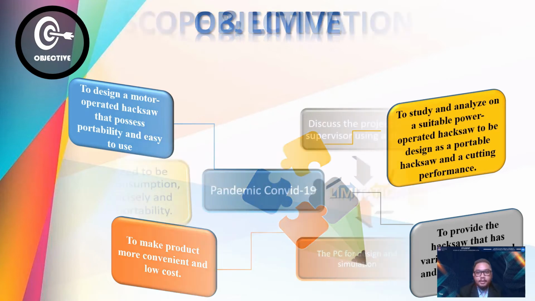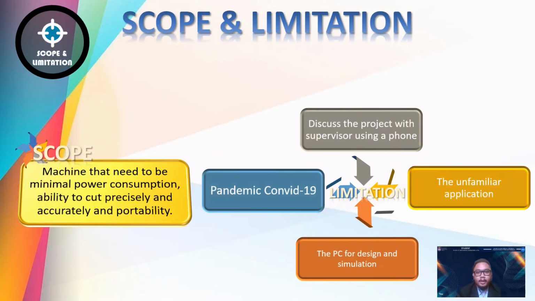Next is my project scope and the limitations of the project. First, the scope of the project. The purpose of this project is to design a machine with minimal power consumption, the ability to cut with accuracy, and portability.